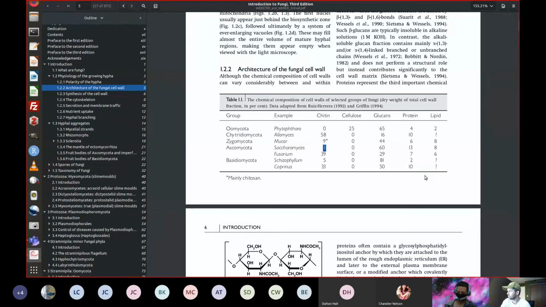Okay, so it's a bunch of glucans, a bunch of protein, and a bunch of lipids. Okay. This one here, Mycota, that's the oomycete that actually shouldn't be in a mycology textbook. And that kind of becomes clear. There's no chitin.